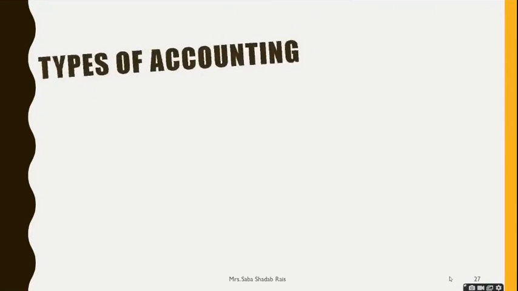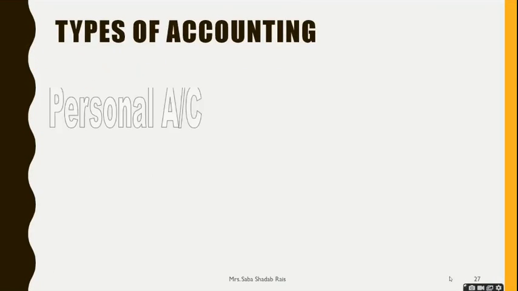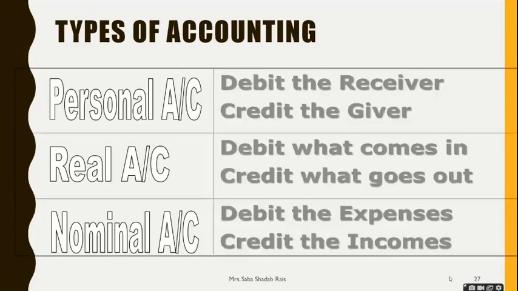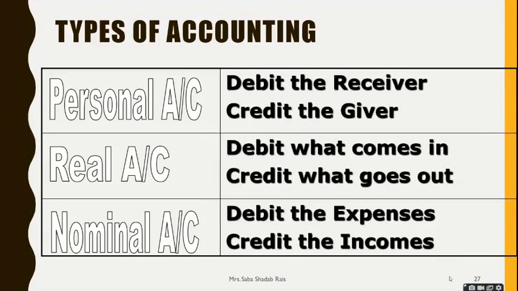As we have three types of account, there are three rules for accounting. For the personal account: debit the receiver, credit the giver. That means the receiver is the one we are getting money from, the debtor, and the creditor is the giver.